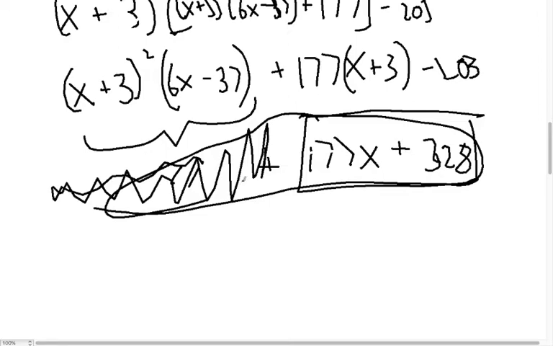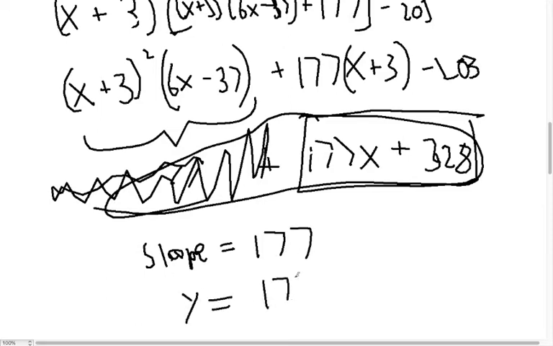The rest becomes simple because that is the equation. So just from looking at it, like I said earlier, you can tell what the slope is, which is equal to 177, and the equation is y equals 177x plus 328.